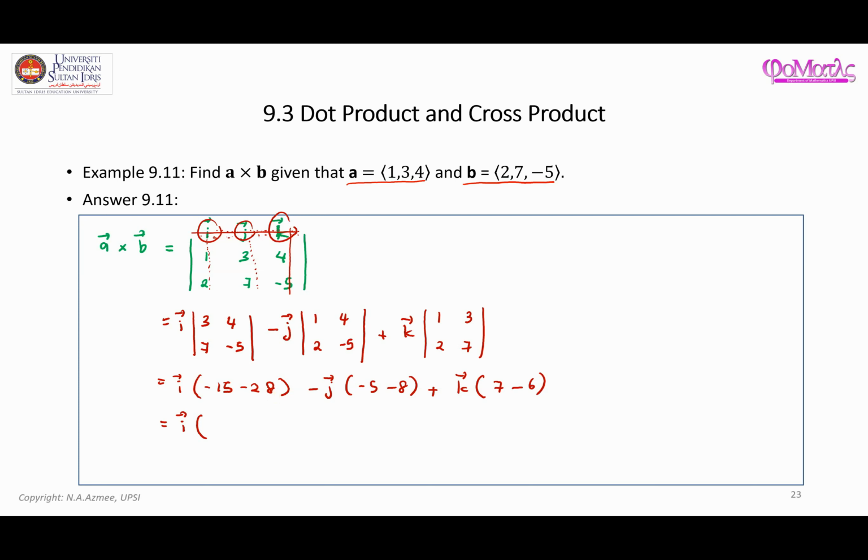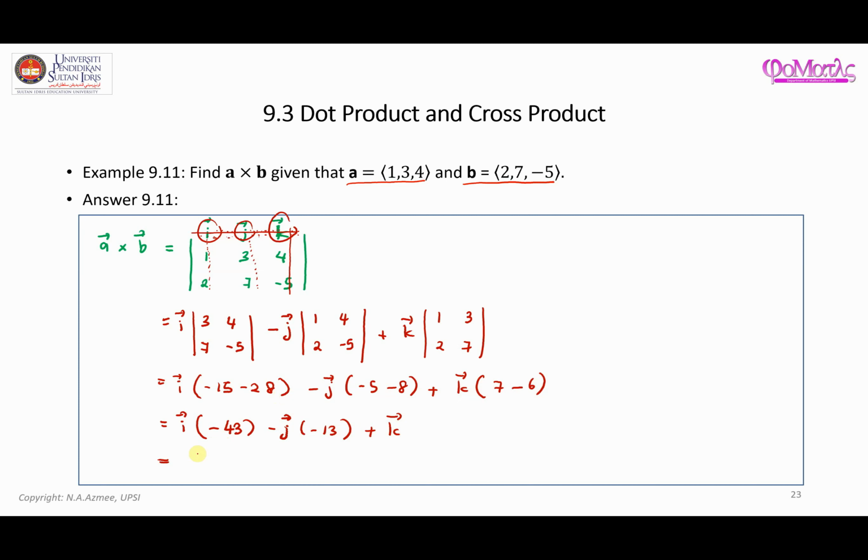Negative 15 minus 28 is negative 43, and then minus vector J, this is negative 13, this one is plus vector K, 7 minus 6 is 1.